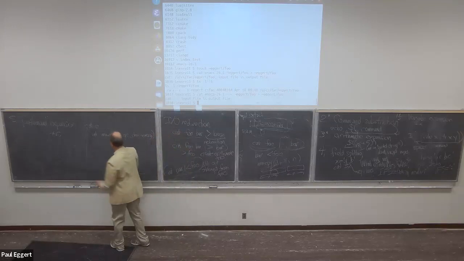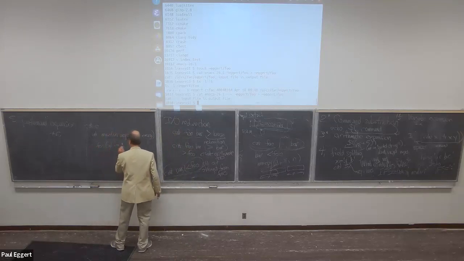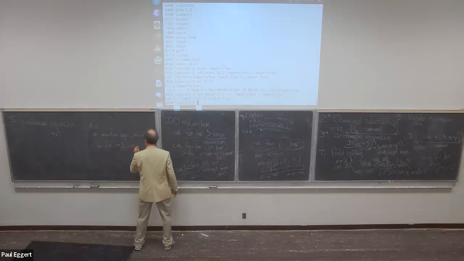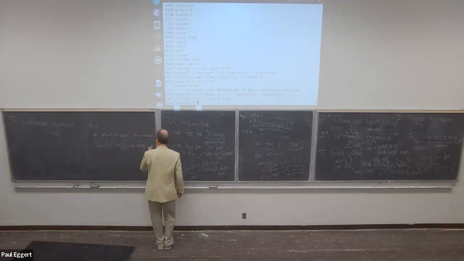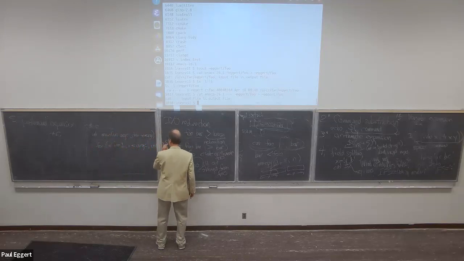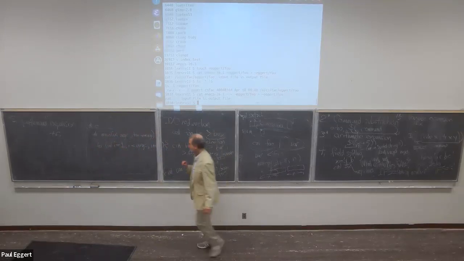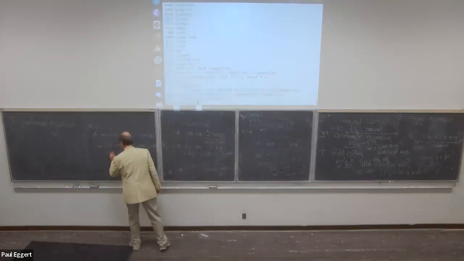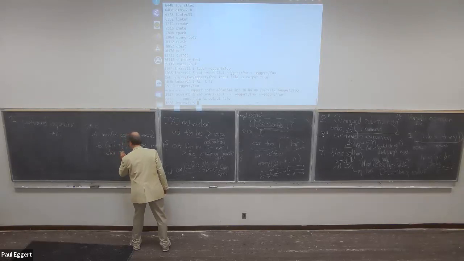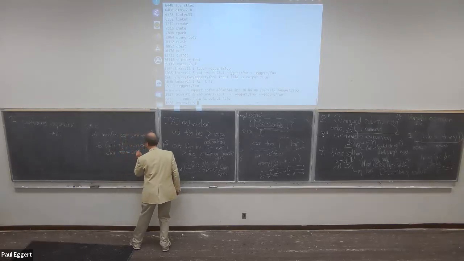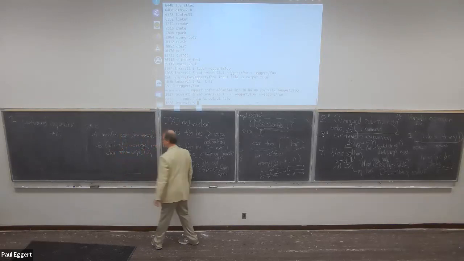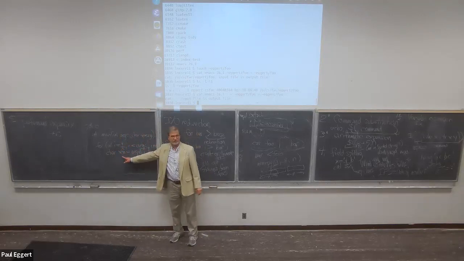You might see a loop that looks like this: for int i equals 1, i less than argc, i plus plus. Inside this loop, we are looking at one of the arguments given to cat, and we can call that, say, the file name, fn equals argv[i]. So fn here is a string that might be a minus sign, which means read standard input, or it might be a file name.